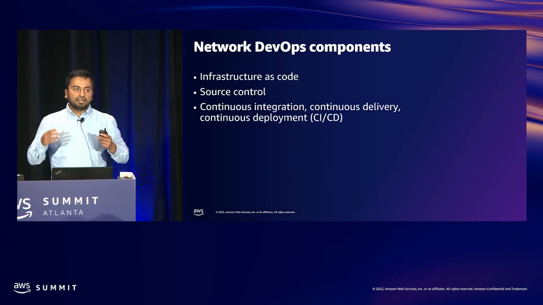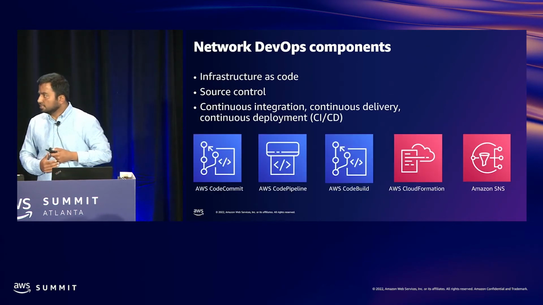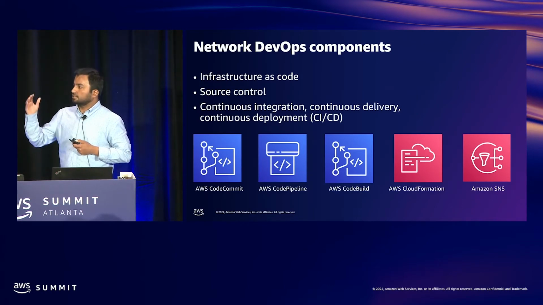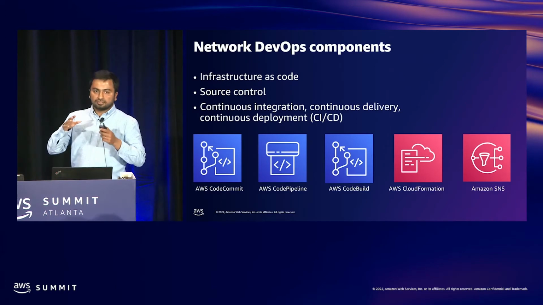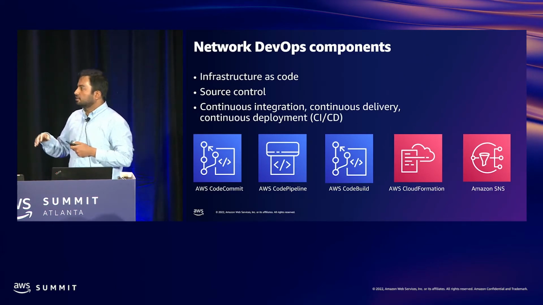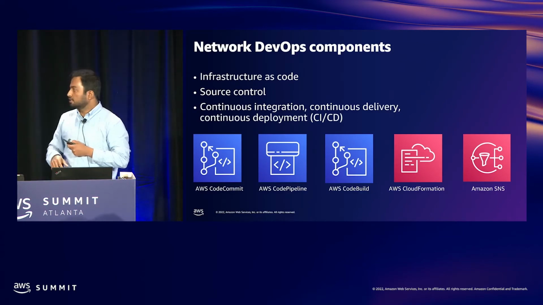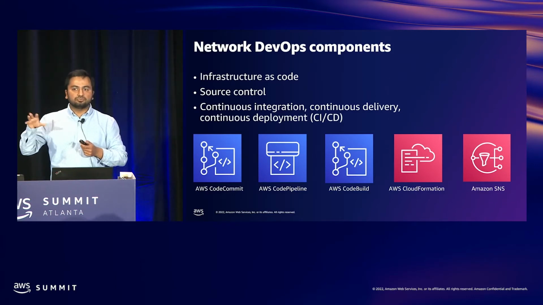And you need to integrate it with some form of CI/CD pipeline. Native AWS services that help in this journey are AWS CodeCommit for source control, CodePipeline that integrates and deploys, CodeBuild for the build phase, CloudFormation to deploy across accounts and regions, and SNS for having control over what you promote to the environment.